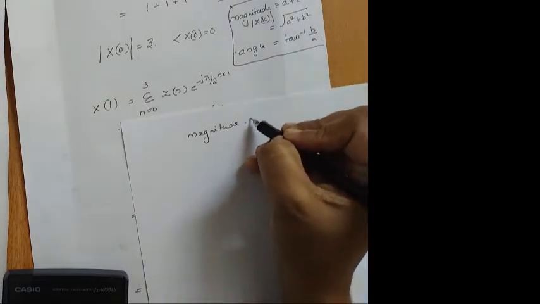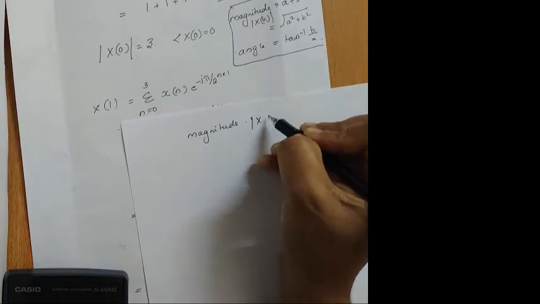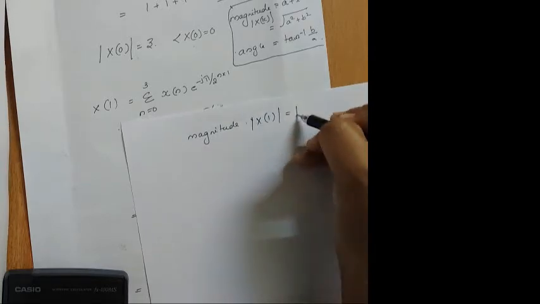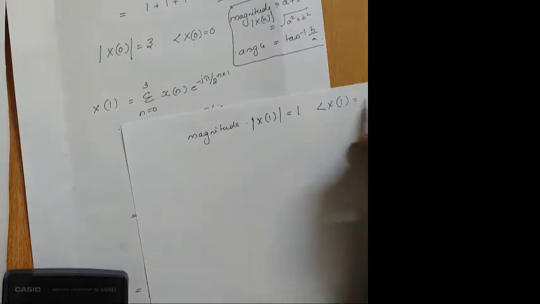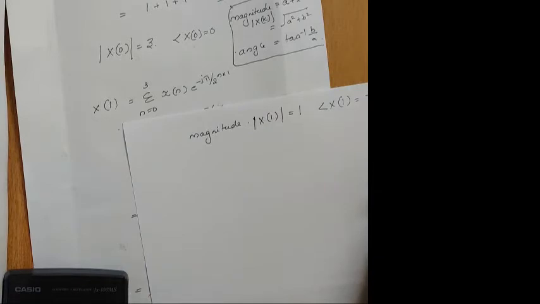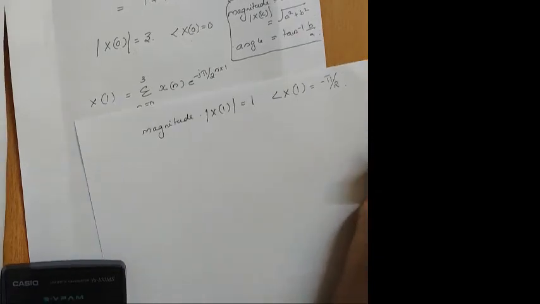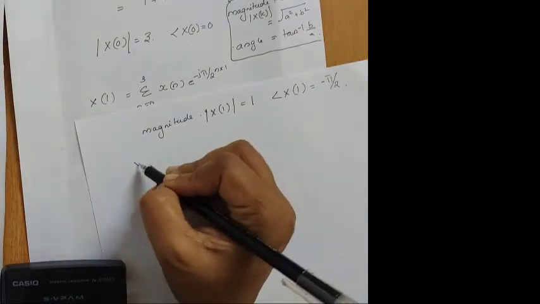So the magnitude of x of 1 is equal to 1, and the phase angle of x of 1 is minus j, so it will be minus pi by 2. Okay. Similarly, you have to find x of 2.